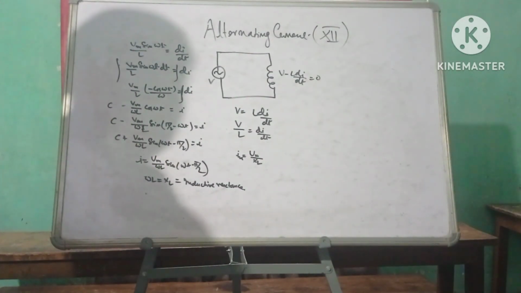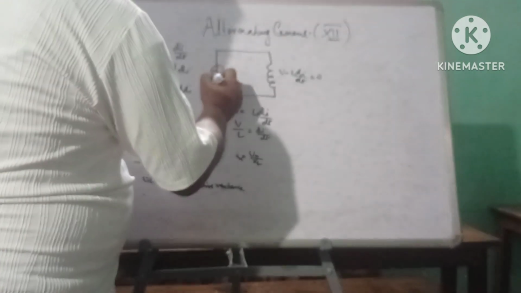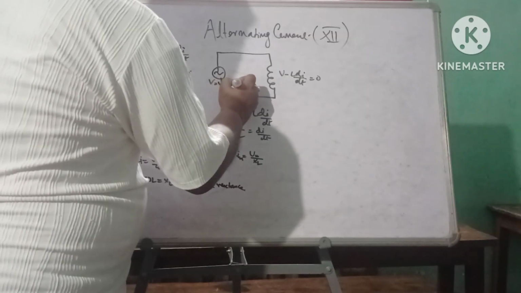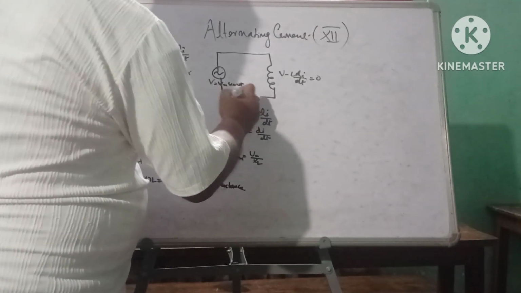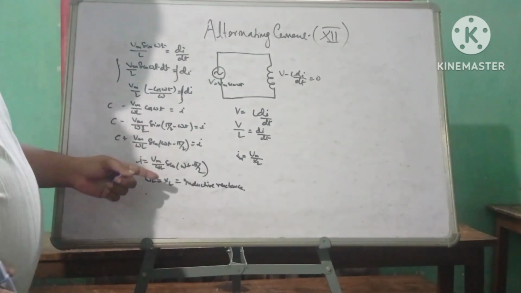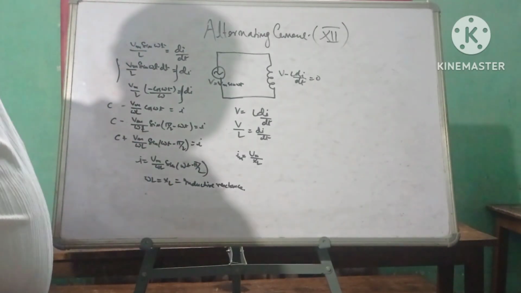Here V is equal to Vm sine omega t. You find that between the current and V there is a phase difference of pi by 2.